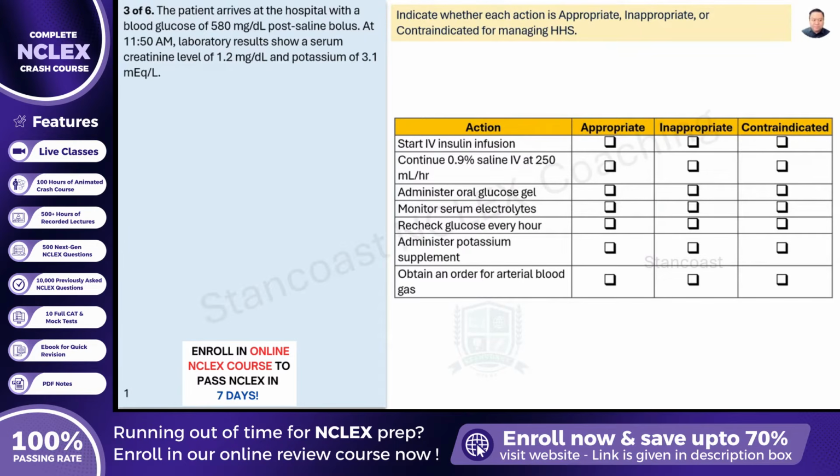Now, let's deal with start IV insulin infusion. What do you think with this? Well, this is appropriate, of course. This is very crucial in treating HHS because this condition is defined by hyperglycemia, and we're talking about more than 500 milligrams per deciliter of blood sugar, right?